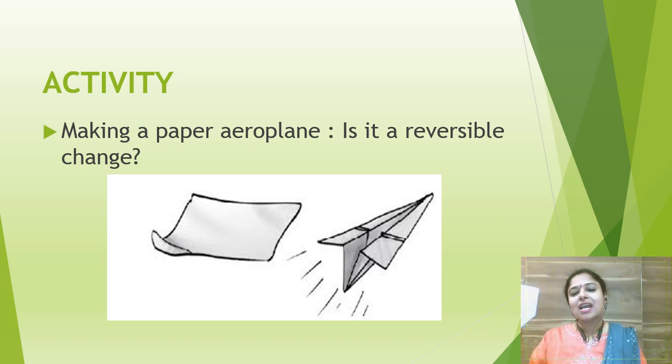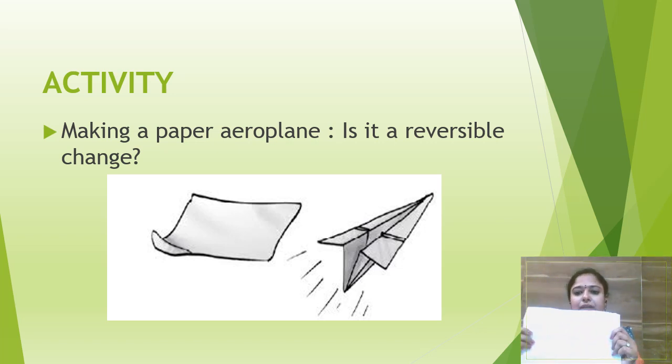Nice, right? So, is this change a reversible change? That is, folding a piece of paper into a paper plane? Yes, it is, because by simply opening up the folds, I can change my aeroplane back into the sheet of paper like this. So this is a reversible change.